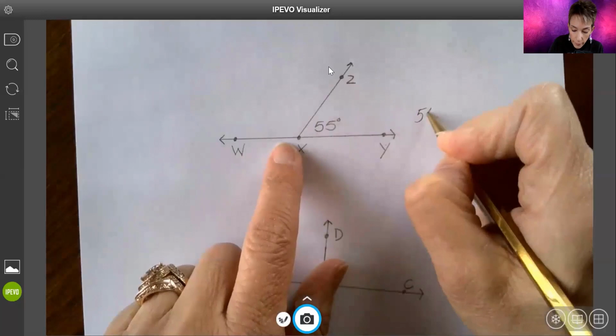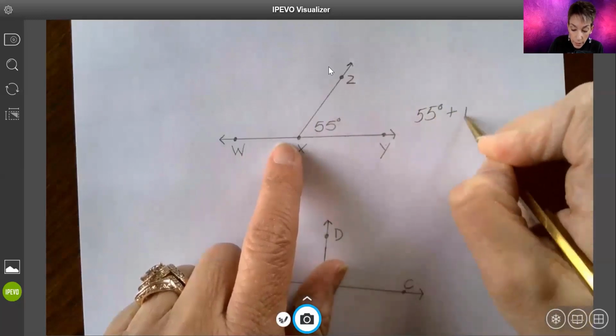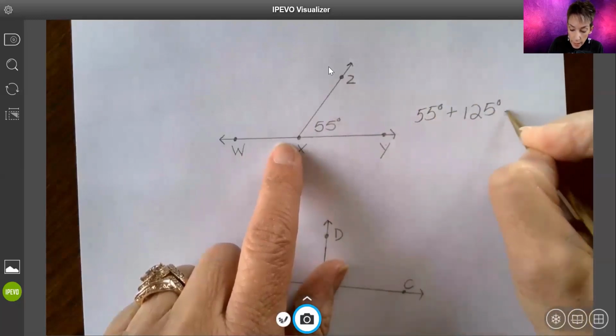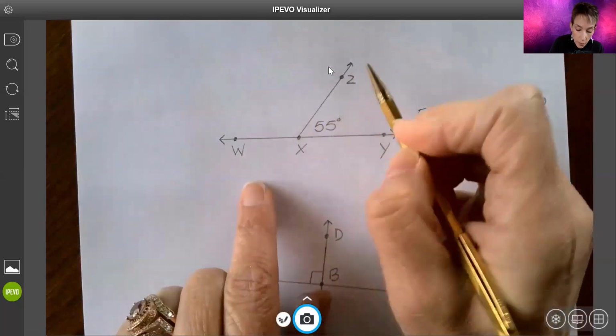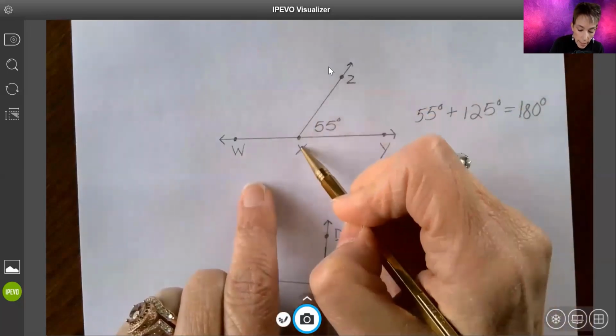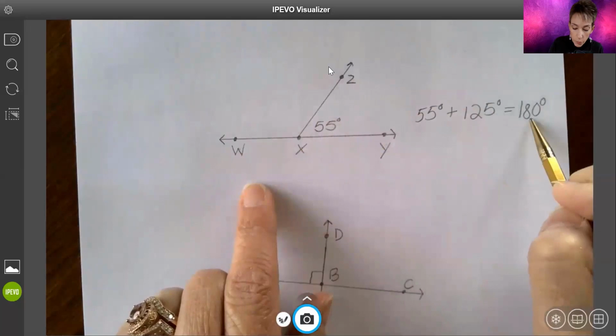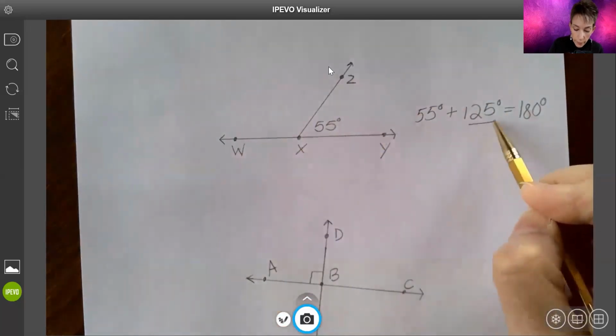So 55 degrees plus 125 degrees equals 180 degrees. So angle ZXW equals 125 degrees.